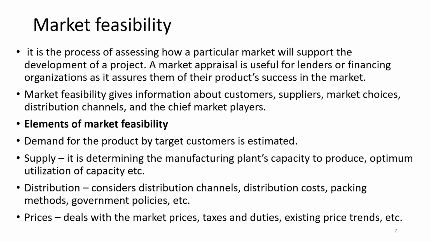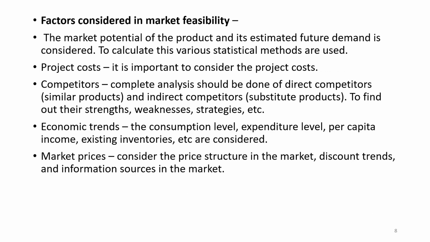There are a lot of government policies which have become strict regarding packing materials and methods. They want companies to reduce the usage of plastic and use more eco-friendly materials. Then you consider the prices in the market, taxes, existing price trends. All this is considered in market feasibility.